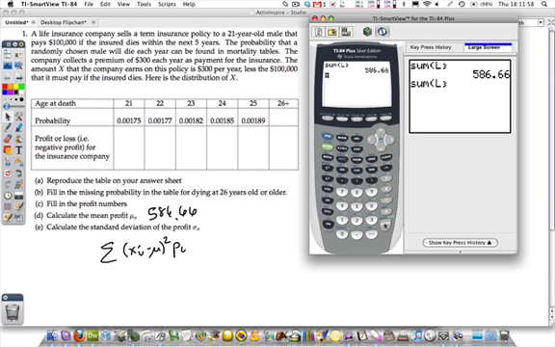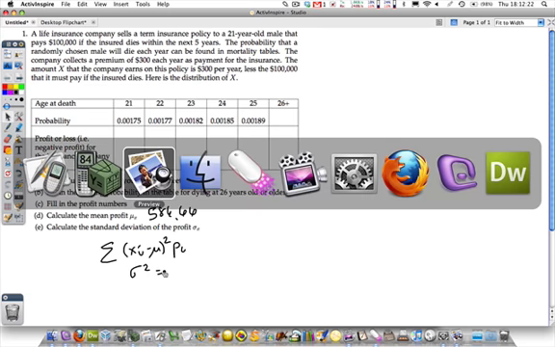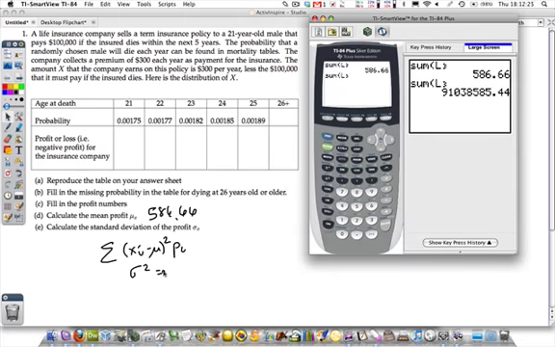Second, enter will give you the last operation that you just did. So you can see sum of L3 here. This display's lagging a bit, so look at the big display. There's my variance. So the variance is equal to 9103.8585.